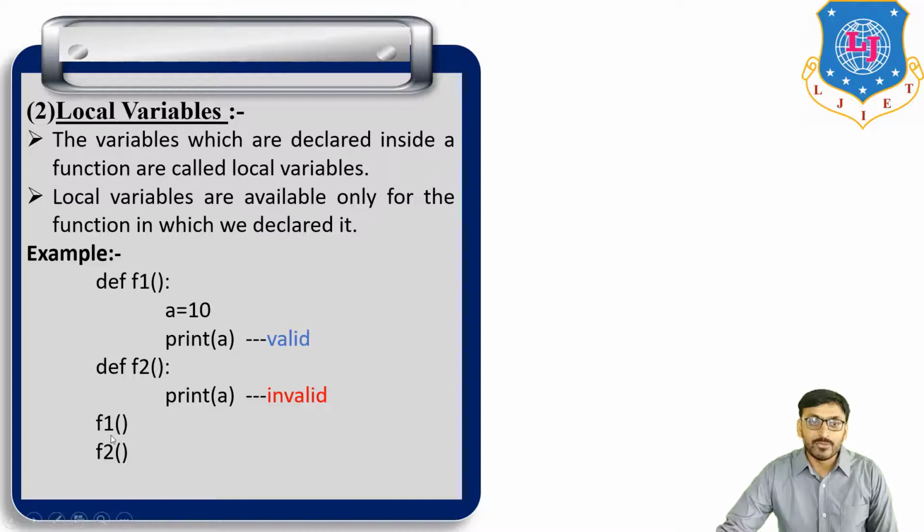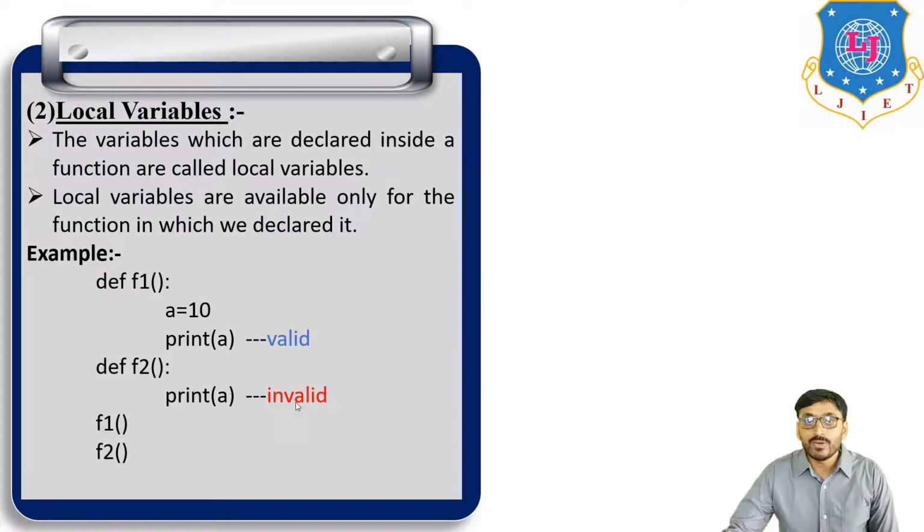So if we call f1 and f2, then first, print a gives 10, but in the second case we get an error because it is invalid. So, global variable and local variable: a global variable is declared outside the function, and a local variable is declared inside the function.